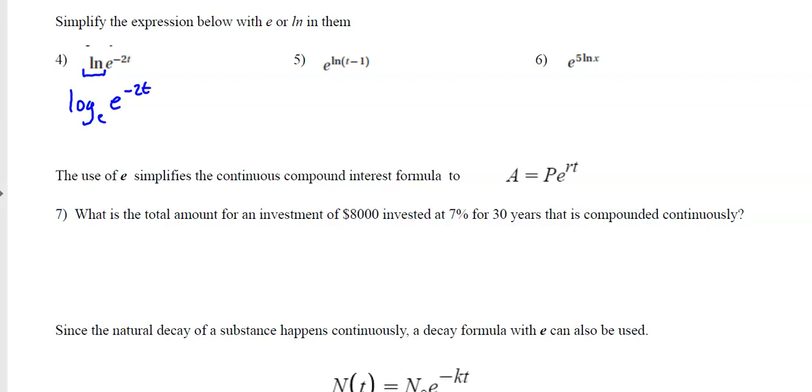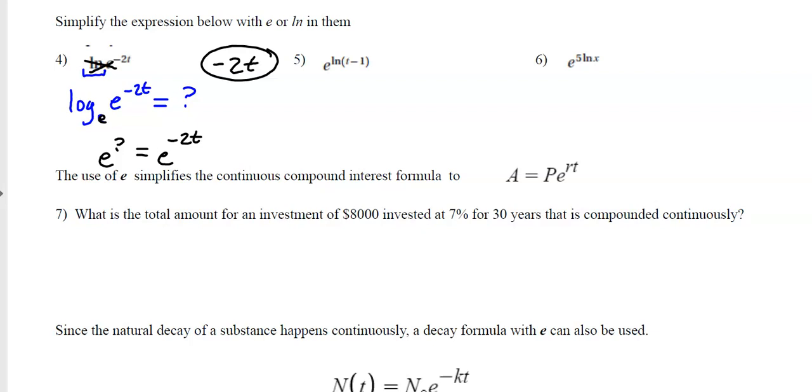And then I could write this in exponential format. That means that e to the question mark equals e to the negative 2t. And you're like, oh, well, question mark is obviously just negative 2t. But you can save a lot of work by just seeing that natural log and e cancel each other out. They just kind of squash each other.